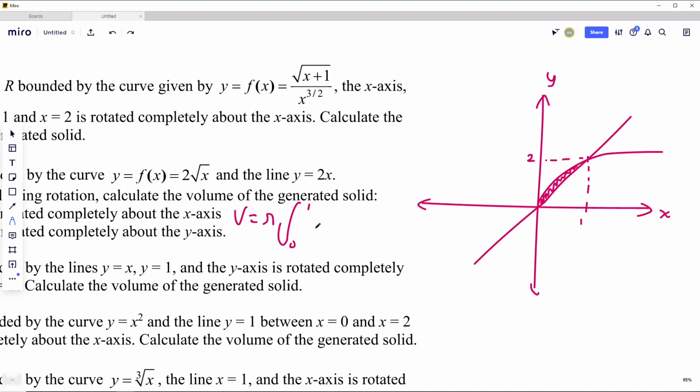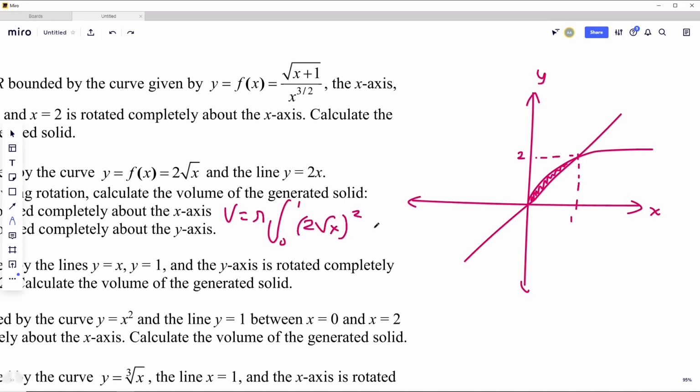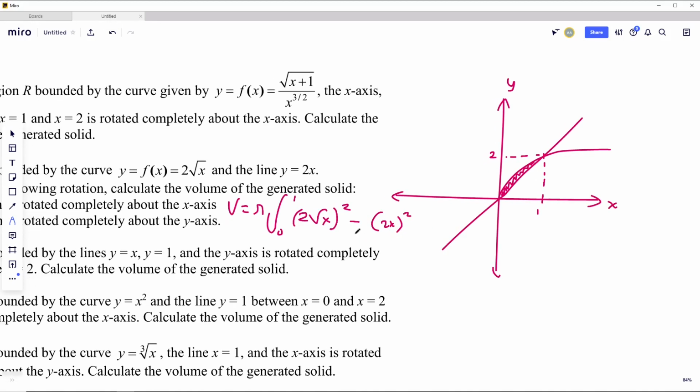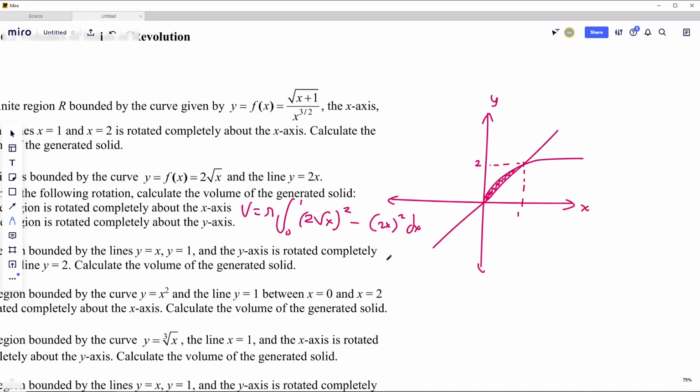So what's the one up? It's 2 square root of x minus 0, squared, minus the other one, which is 2x minus 0, squared, and dx. And we just keep on going.